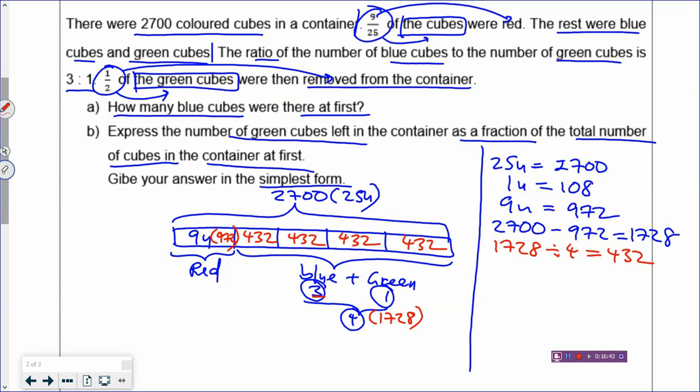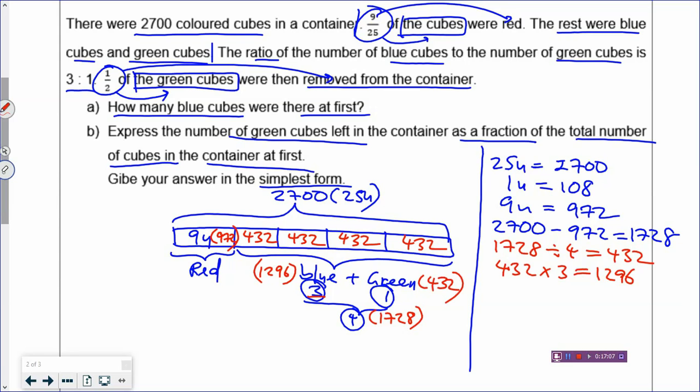Because you can see the blue has 3 boxes, right? Okay, so 432 times 3 and you will get 1296. Okay, so yeah, 1296 blue. Alright, let's put down 1296. And how many green? Well, the green has only 1 box, that is 432, right?